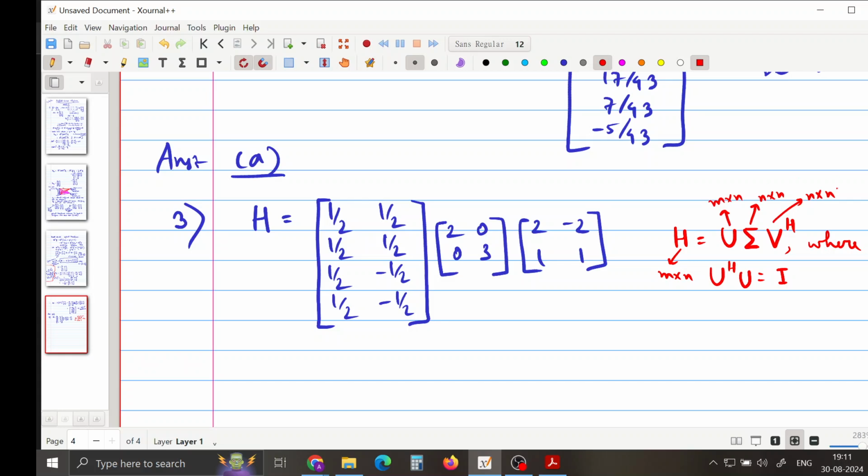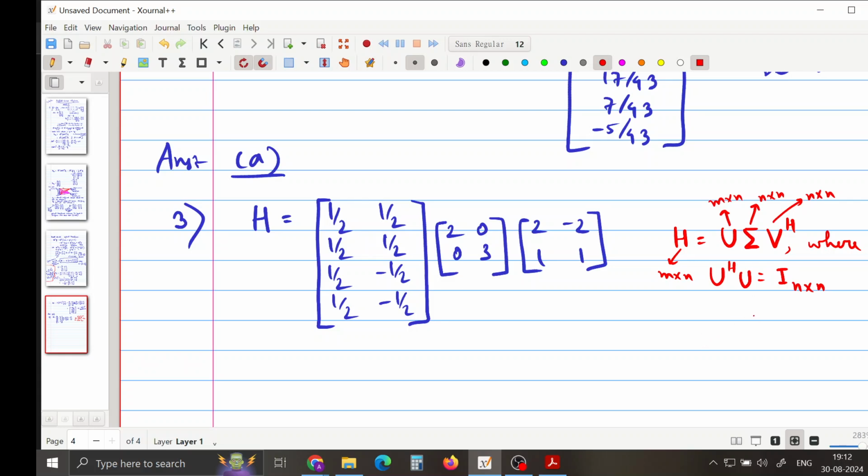So overall you can verify that the dimension would be, for H, m cross n. Okay, and since U, as you see in this decomposition, is a rectangular matrix, it is semi-unitary, meaning that it has to satisfy U Hermitian U equals identity, and particularly identity of n cross n size.